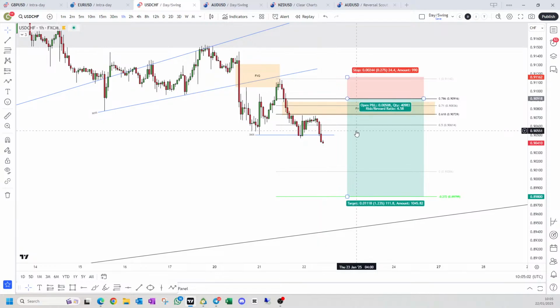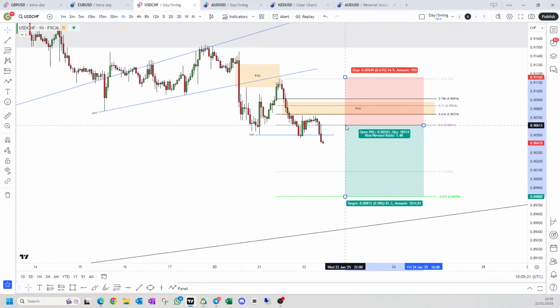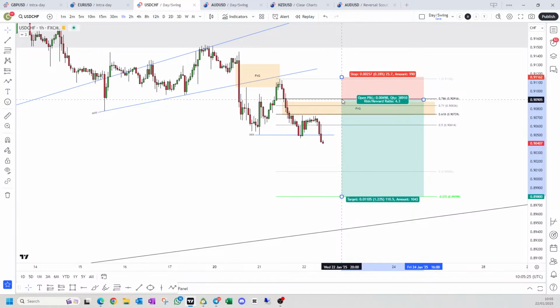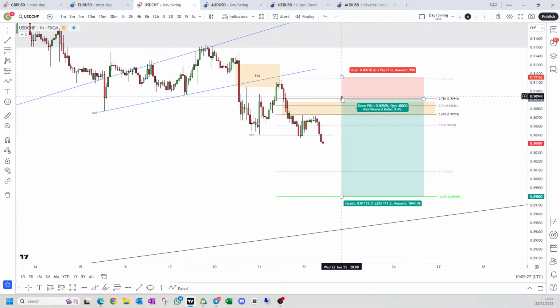If you have a 50% win rate, for example, and you take 10 trades, assuming 5 wins and 5 losses, if you make 4.6 every time you win, you're going to make a lot more money than if you just took it here and only made 1.5. So that's why, basically. It's a better entry.